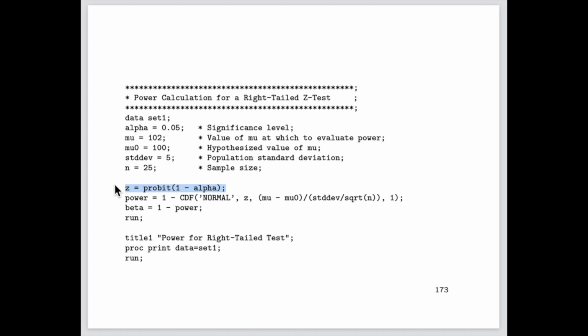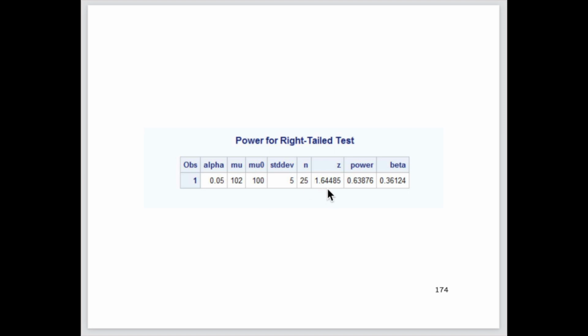It can calculate this very, very precisely. And so instead of 1.645, it gives us the more correct value of 1.64485.